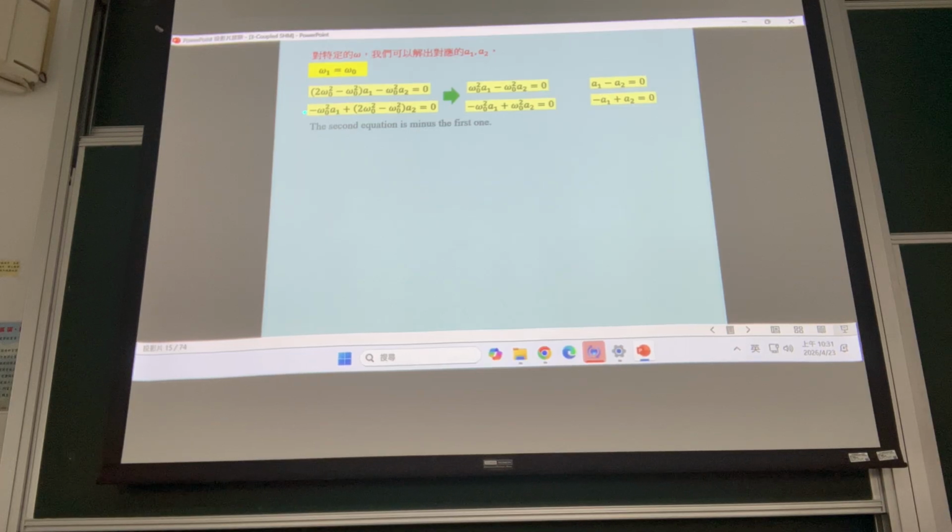The second one, after simplification, is minus omega 0 squared A1 plus omega 0 squared A2 equal to 0.